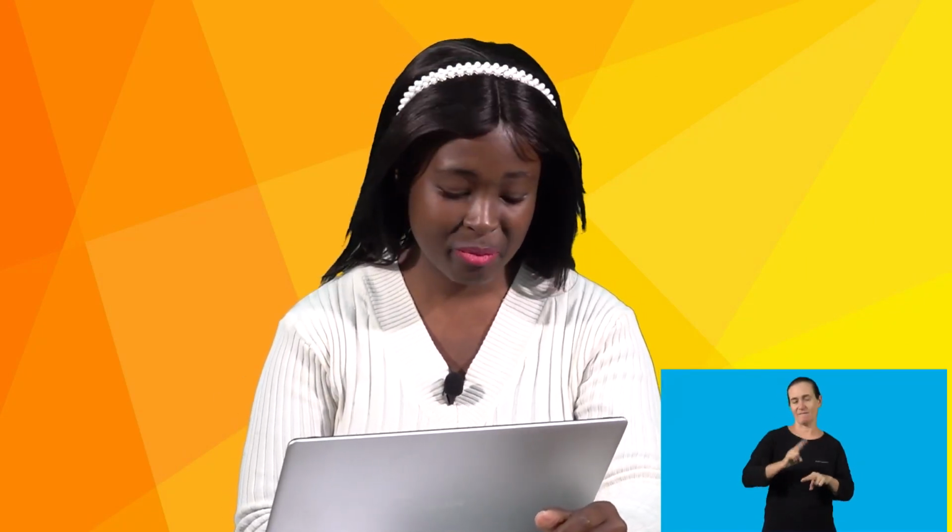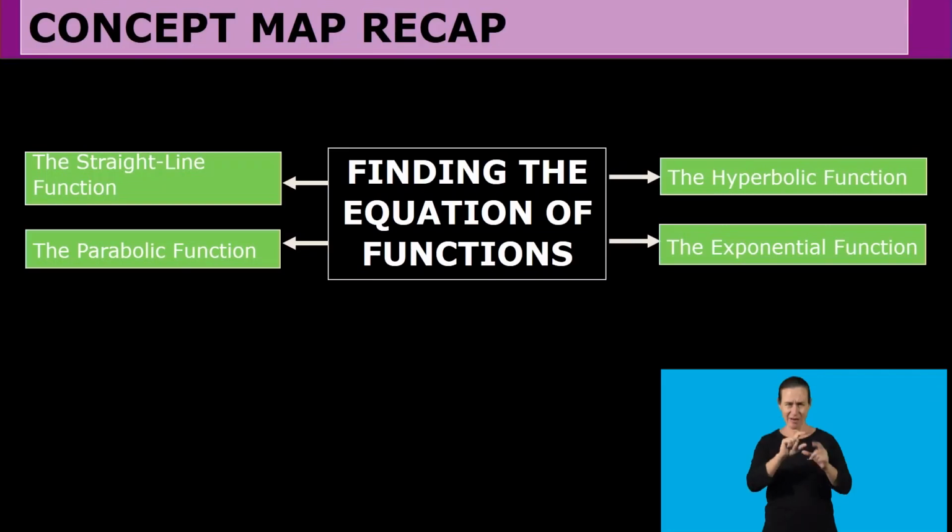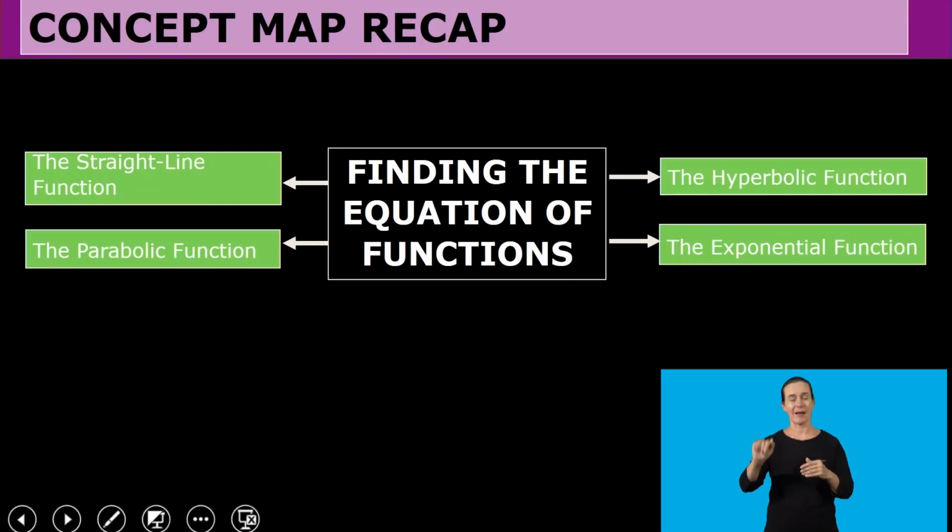Welcome back from the ad break, and let's continue with our lesson, where we are going to wrap up this lesson that we've been having on finding the equation of functions. So we were looking at finding the equations of the straight line, the parabola, the hyperbola, and of course the exponential function.